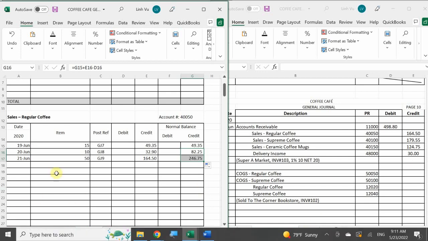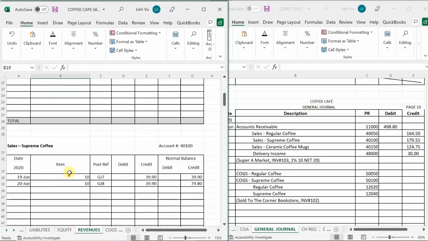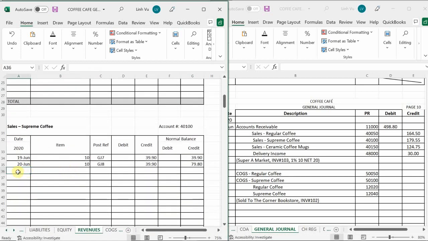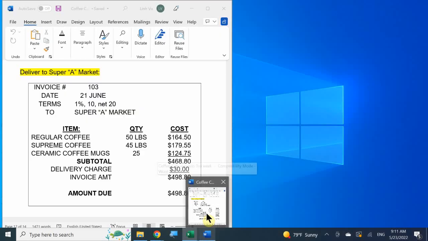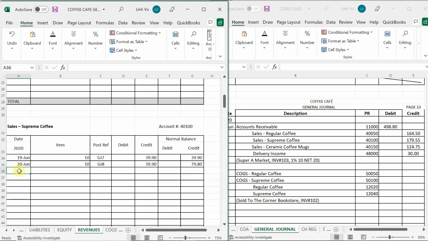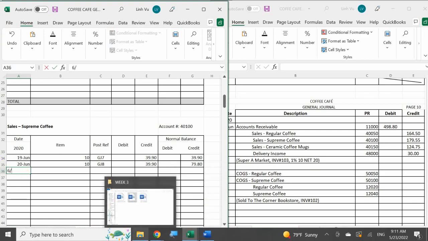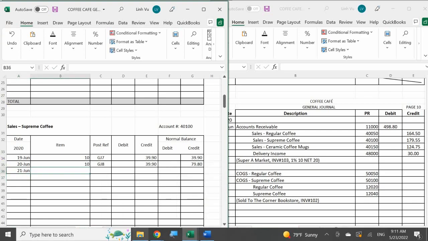Now, what about the sales for Supreme Coffee? How many pounds did I sell? How many pounds did we sell? 45. We sold 45, with 179.55.